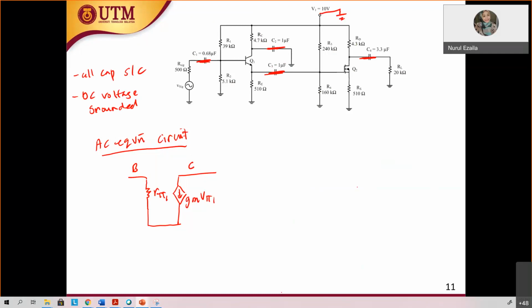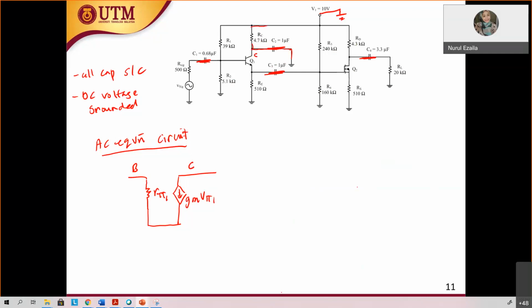Now students, at the collector over here, you have RC to the ground, and also you have this node to the ground. So what happened to RC? At the same node, RC goes to ground.